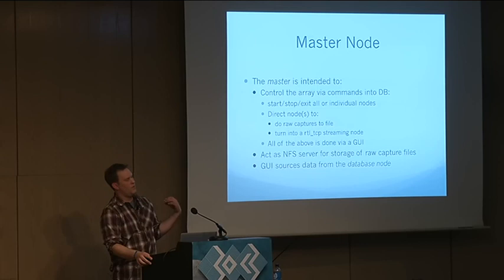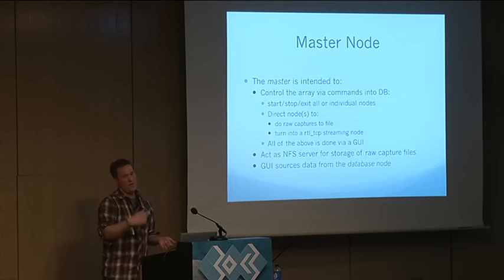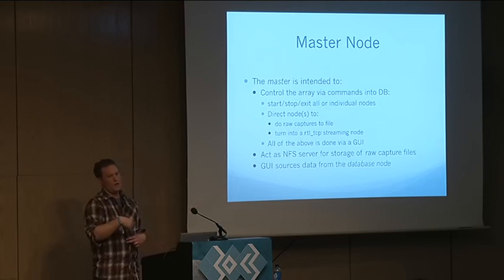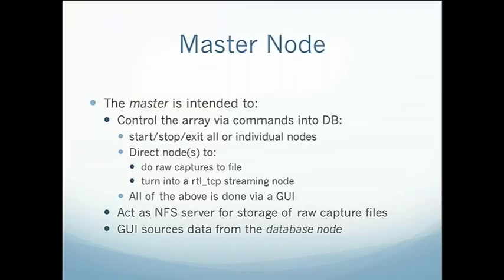Also, the way I do the raw file captures is I want to aggregate them from various nodes, and so really what I do is I just have NFS mounts that mount onto the slave nodes. I write the IQ data locally to a file on disk, but then I move it over to the NFS mount after the capture's done, all that kind of jazz.